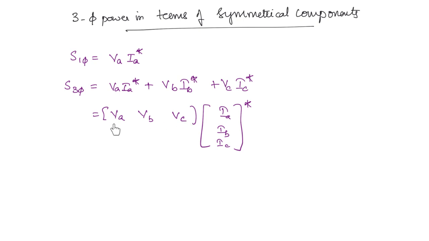This is the original voltage phasors but transposed, and this is the original current phasors but in conjugate form. So you can write this as VP transpose and IP conjugate, where VP and IP are the original voltage and current phasors.